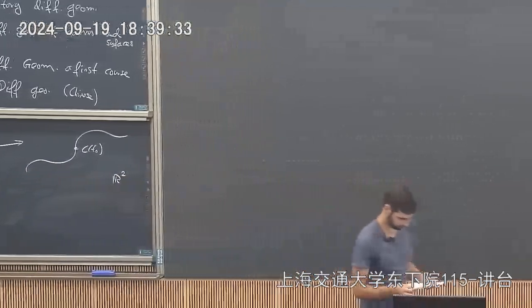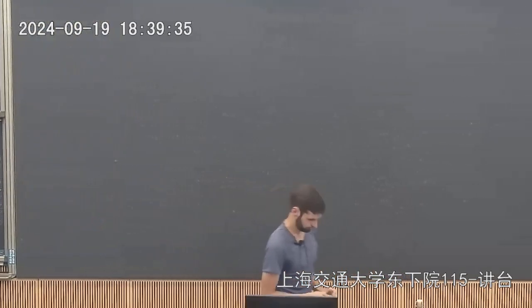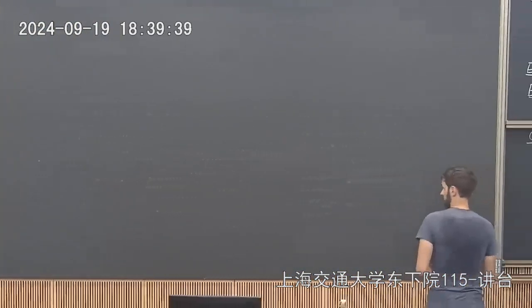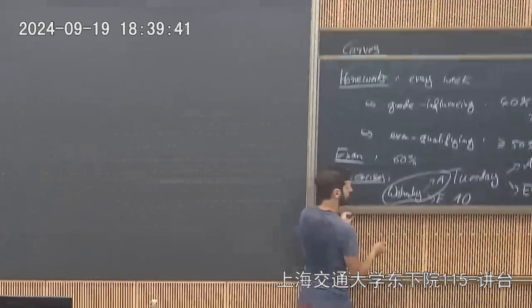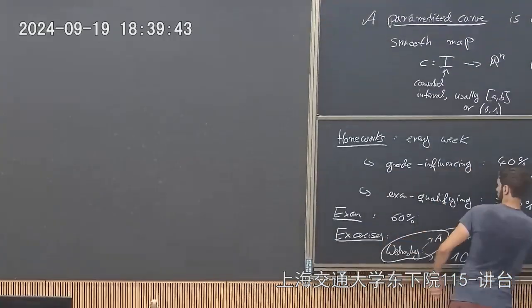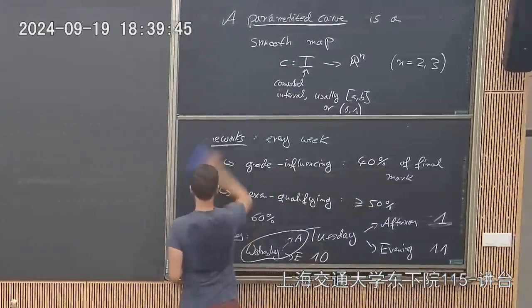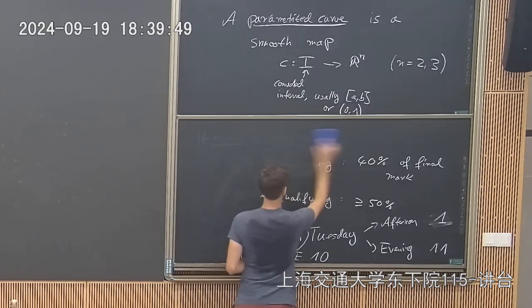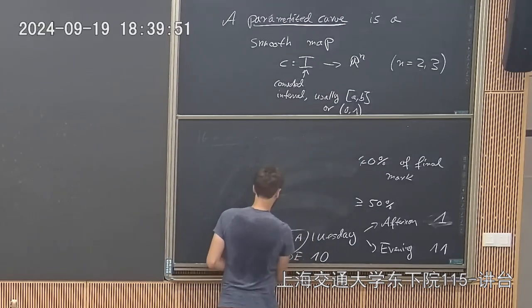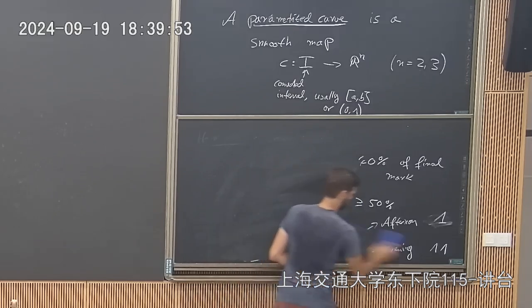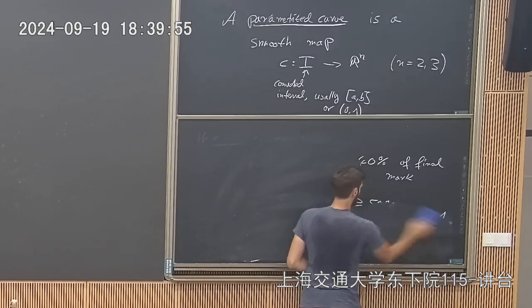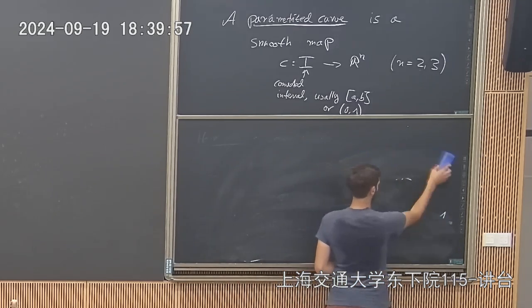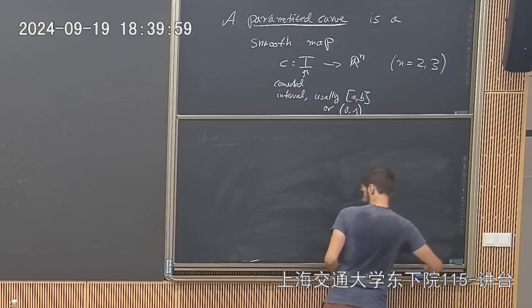Once we have that, we all know from physics courses that we look at the first and the second derivative, and that they are really important. The first one is the velocity of the curve, and the second derivative gives you the acceleration.